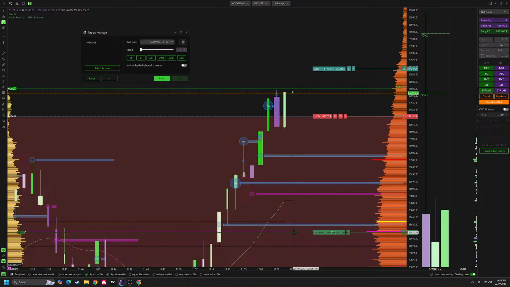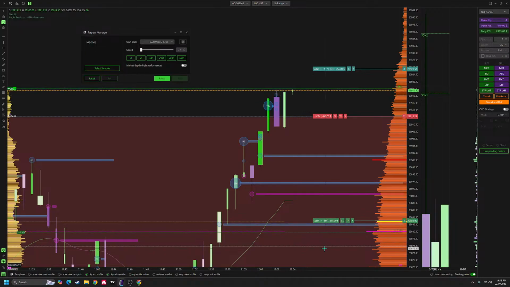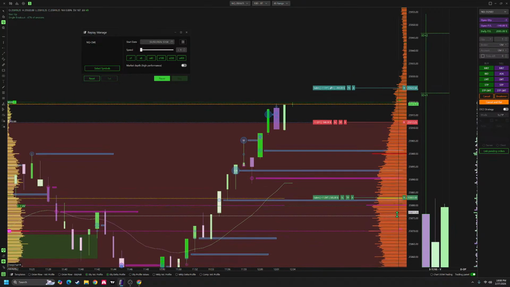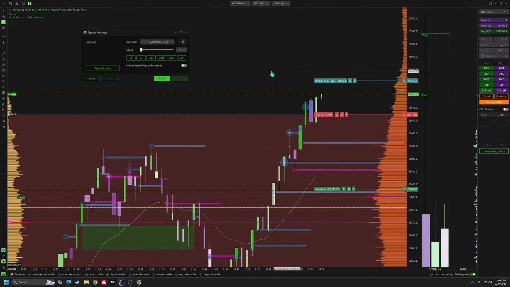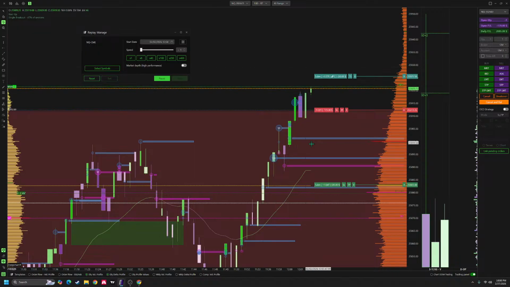And if not, we're going all the way back down to the VWAP. So 265 to make 585.